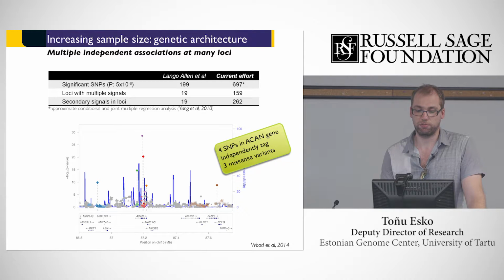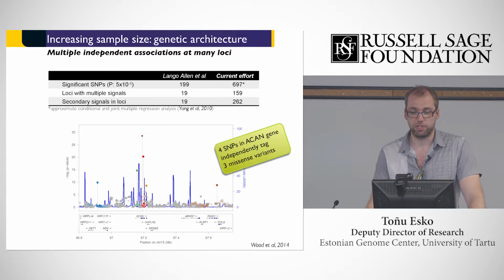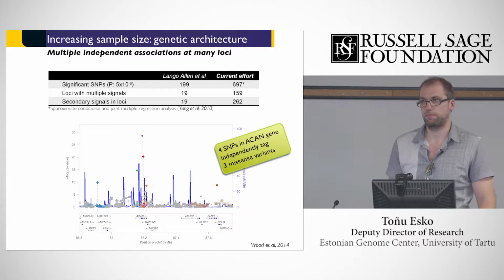Although those missense variants were not directly available in our panel, we could infer that they were independently very strongly correlated with the non-synonymous variants, changing the protein structure or its function. This way we can say that probably those non-coding variants are tagging coding ones.